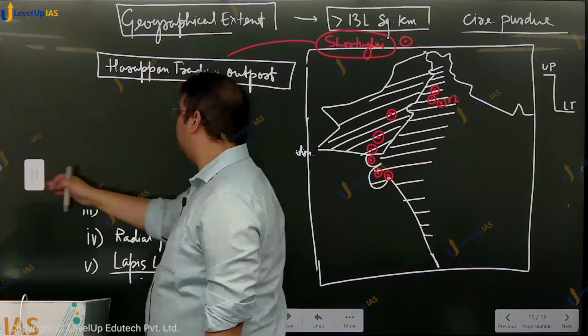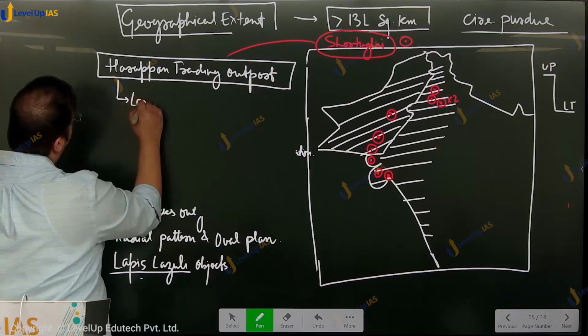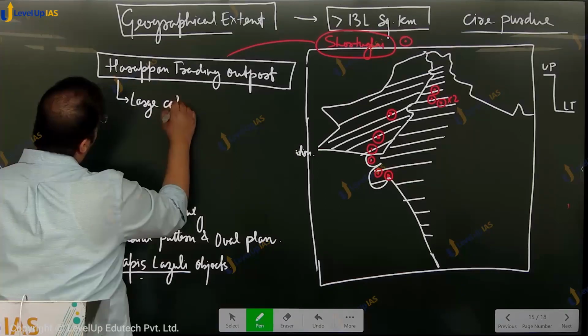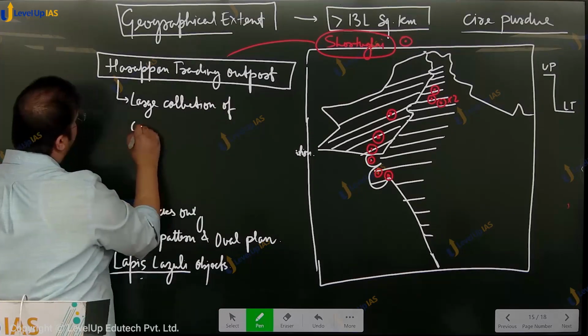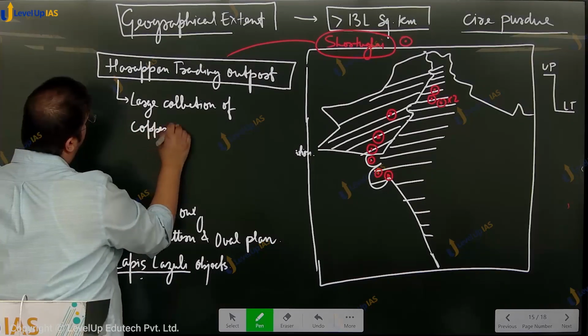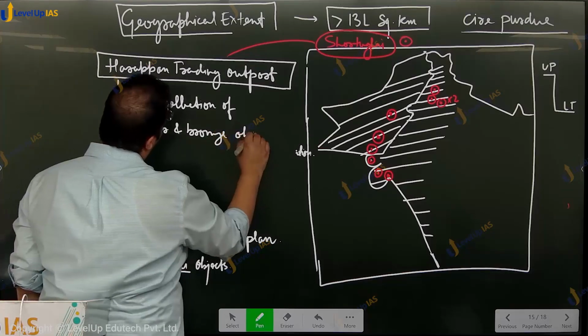यहाँ पे क्या देखने के लिए मिलता है? Large collection of copper and bronze objects.